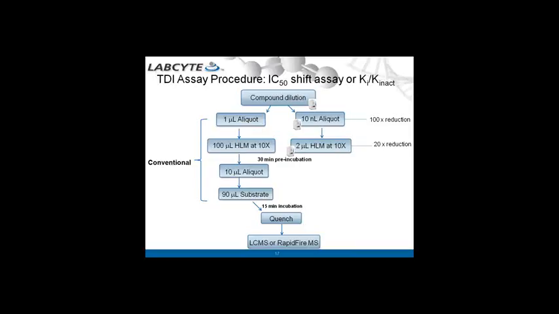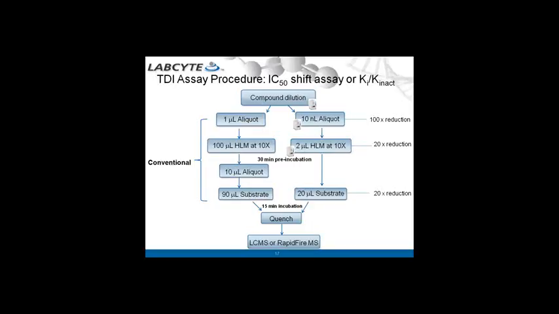Enzyme and compound are pre-incubated for 30 minutes. At the end of the 30 minutes, 20 microliters of substrate is added to the enzyme and compound. For substrate, you have 20 microliters, a 20-fold reduction in usage.